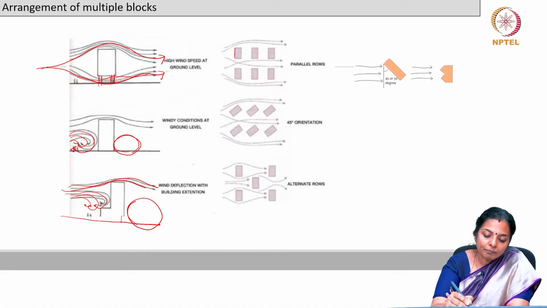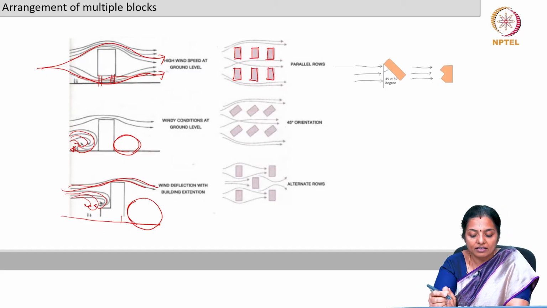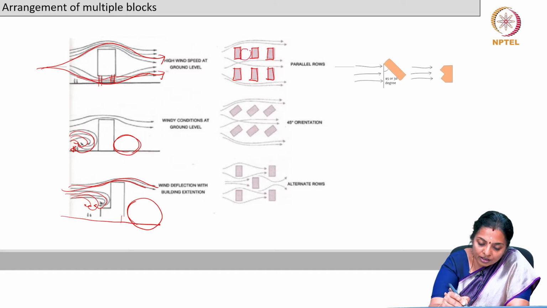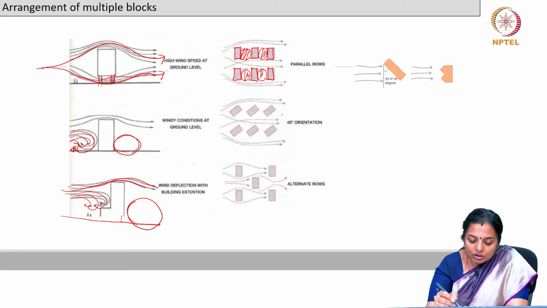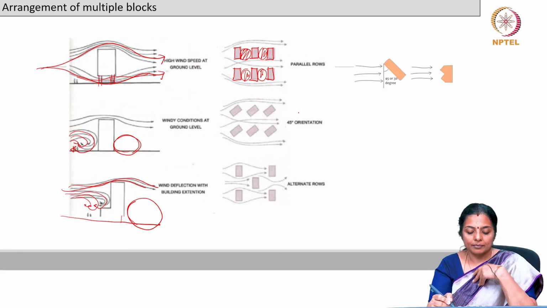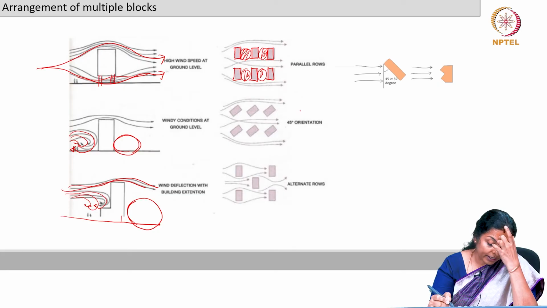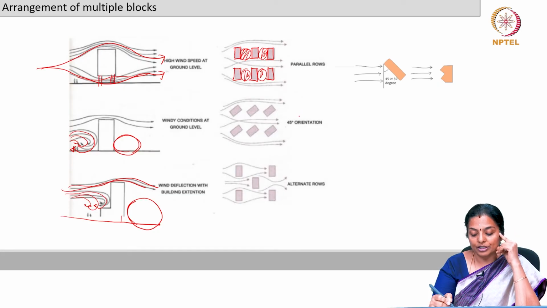When you have patterns like this, which we have already discussed once very briefly, which are unstaggered or parallel rows, then here are wind shadow regions. This also causes a wind shadow region. Staggering at 45-degree orientation also causes a wind shadow region, but it is slightly better off than the parallel row.